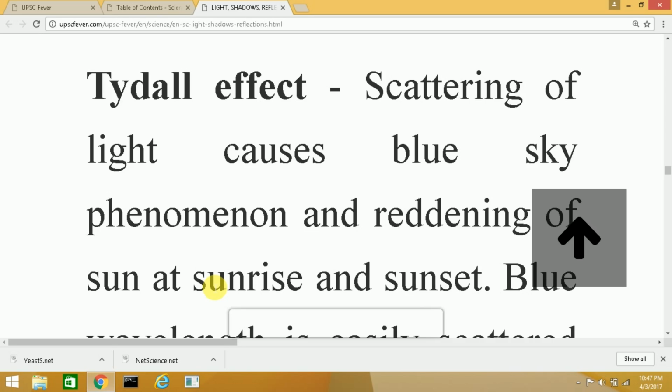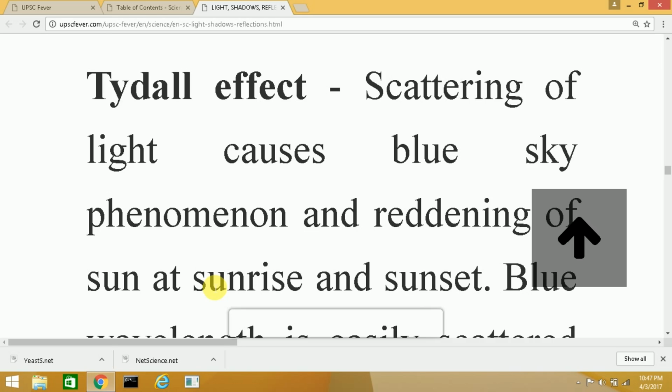Similarly, at sunrise or sunset, the sunlight travels a greater distance to reach us, and so the smaller wavelengths are already scattered and only the longest wavelength, which is red color, reaches us, and hence we feel that the sunrise and sunset sun is red in color.